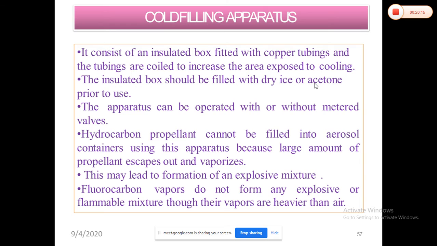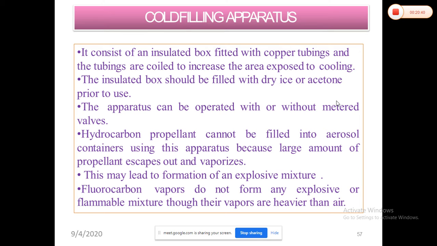The cold filling apparatus. Basically this cold filling method is restricted to only non-aqueous products and to those products which are not adversely affected by temperatures ranging to minus 40 Fahrenheit.